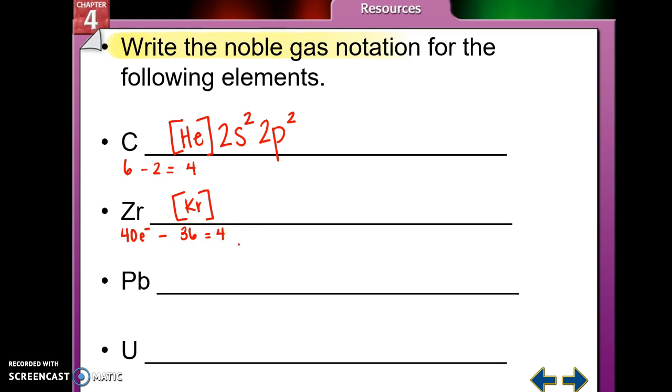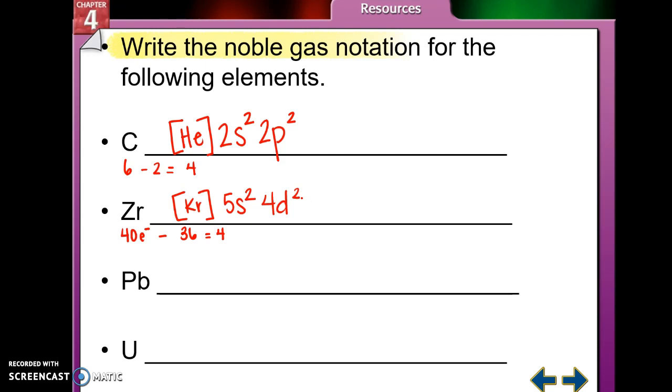Zirconium is on the 5th period, so I start with 5s. The s orbital holds 2 electrons, so 5s2, and then I follow the alphabet. After 5s2, I go to 4d, which could hold up to 10, but I've only got 2 left, so that's 4d2.